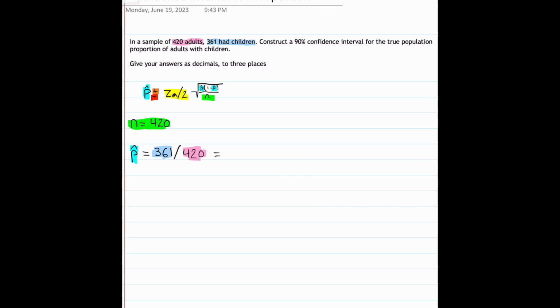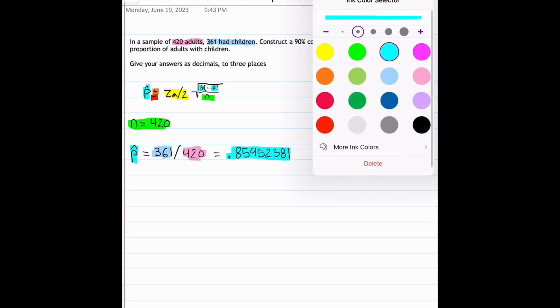And we'll just put that in our calculator real quick. And that gives us 0.85952381. And we're going to use that full number, that way we don't have any rounding errors, just like before. And that number right there is going to be our p hat.